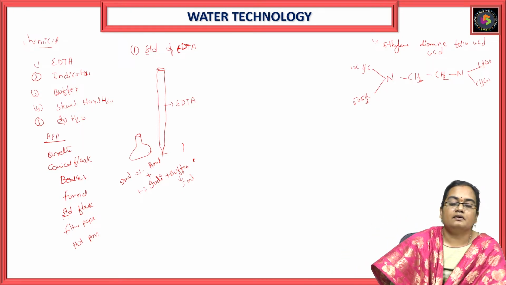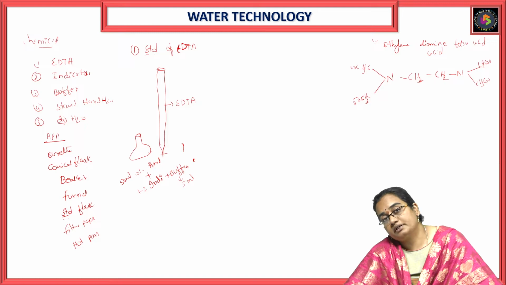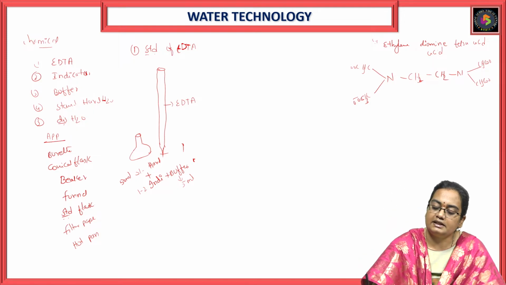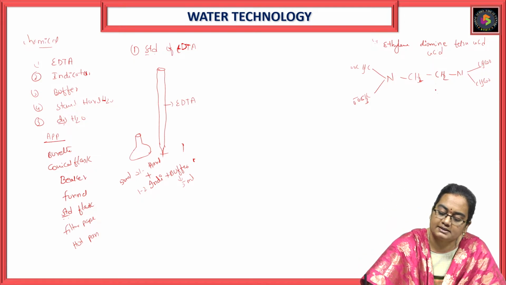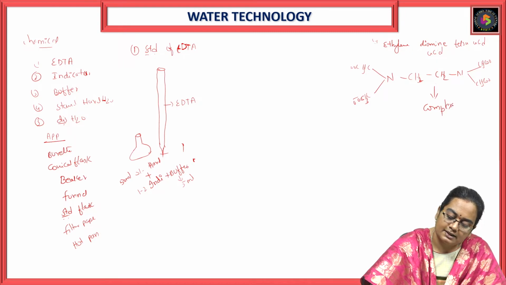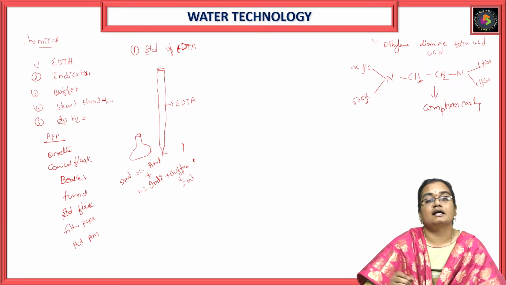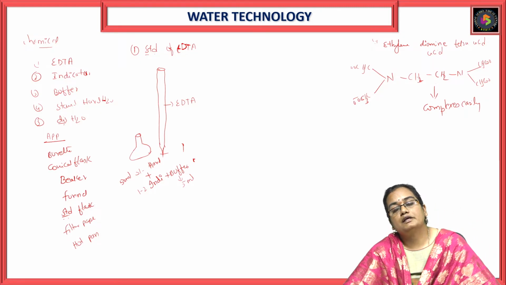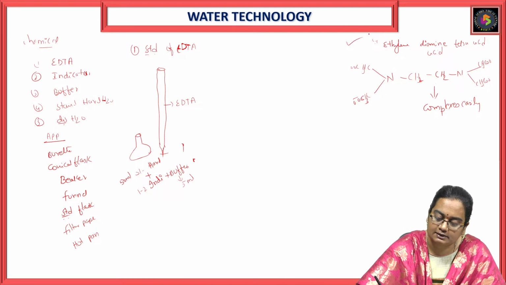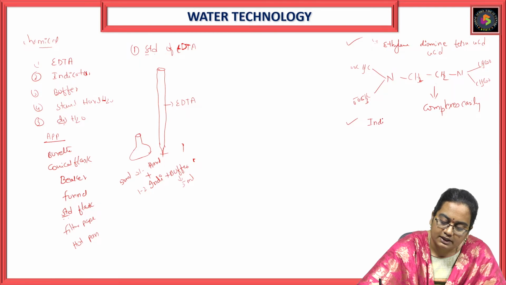These EDTA titrations are known as complexometric titrations because EDTA can form complexes easily. Next, coming to the second chemical, the indicator.